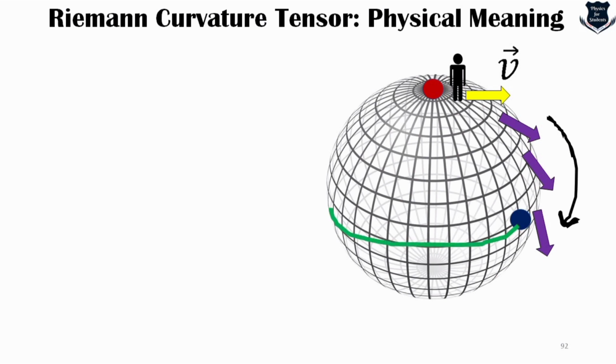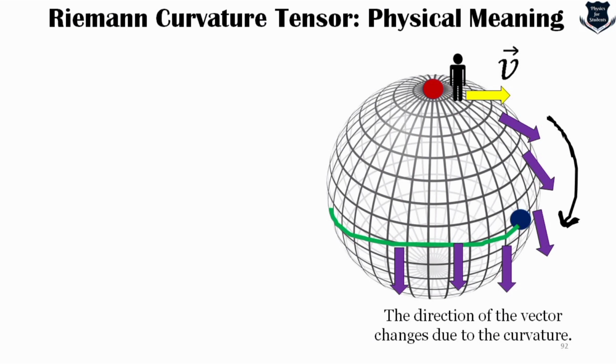Now from here, if I want to move up to here, and I try to keep things straight, it will point to this, this, this, and this. So the direction of the vector changes due to the curvature. Now from here, if I go back to my original, this red point, I'm trying to keep my arrow straight, but it still curves until I reach this point.